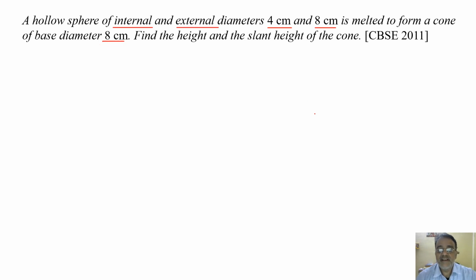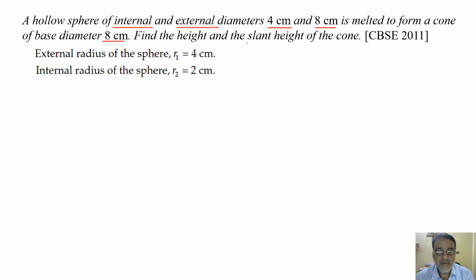So external radius is given, 8 centimeter diameter, so radius will be 4 centimeter, and the internal radius, diameter is given 4, so 2 centimeter. And volume of metal in the hollow sphere will be, the formula we have studied, volume of external sphere minus volume of internal sphere.